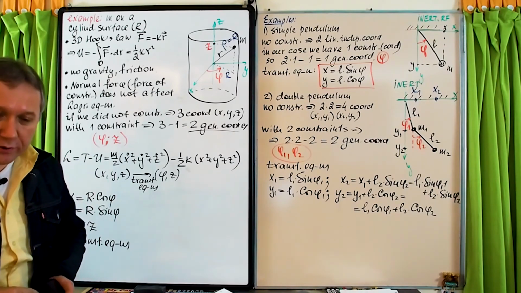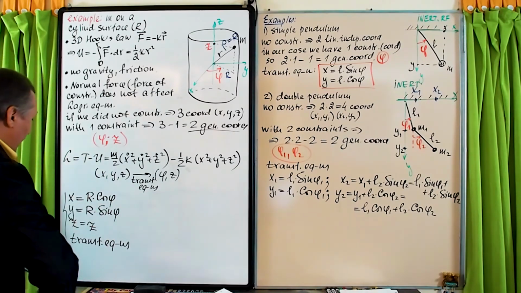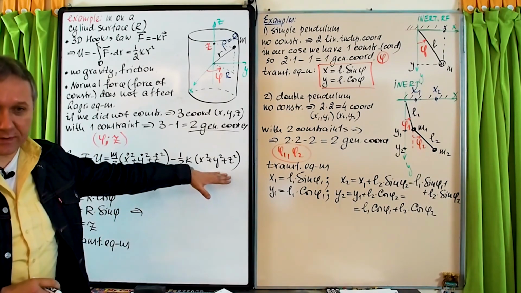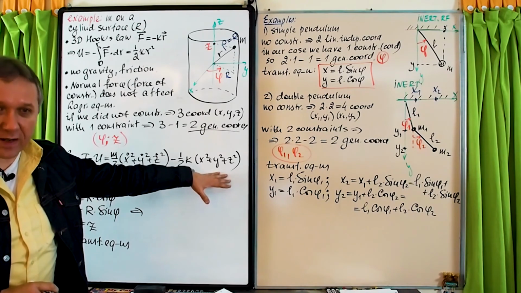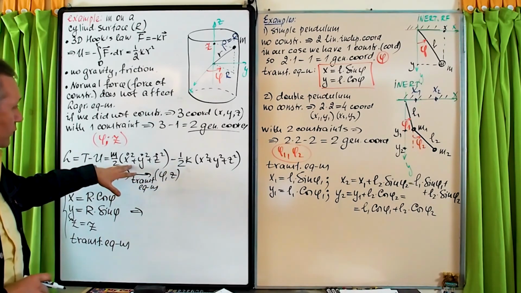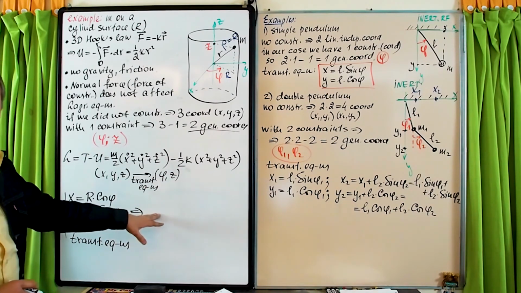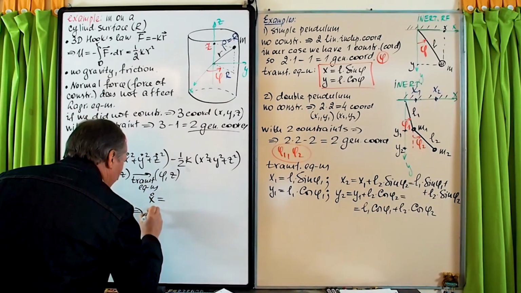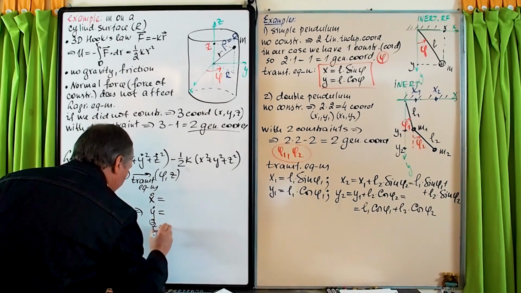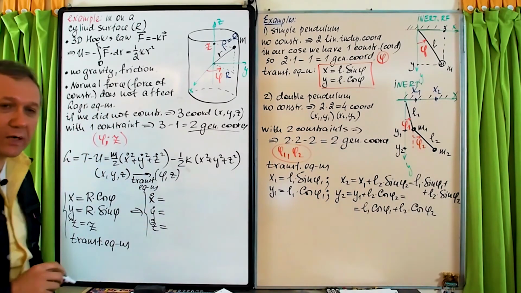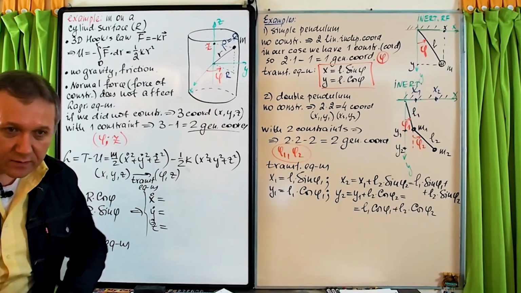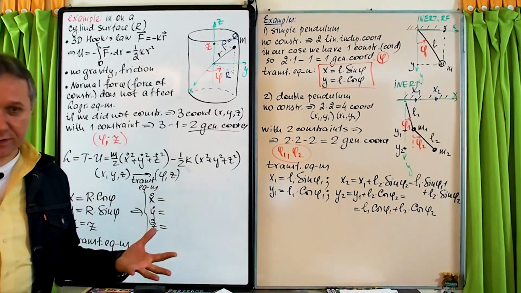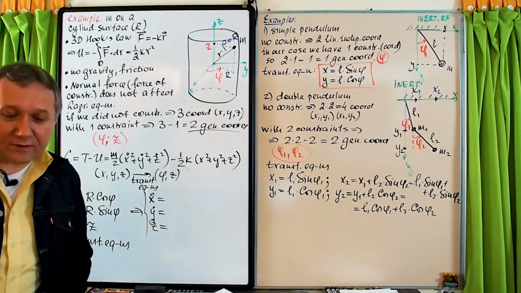And of course, strictly speaking, what do you have to do at this point? You have x, y, and z to replace with phi and z. And of course, you will have to write x dot, y dot, z dot and plug them in here. But we're not going to do it because it's tedious and it's not needed, because we all know velocities in cylindrical coordinates.